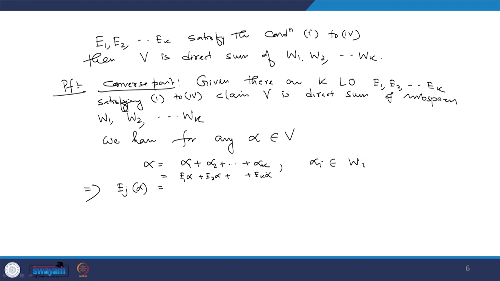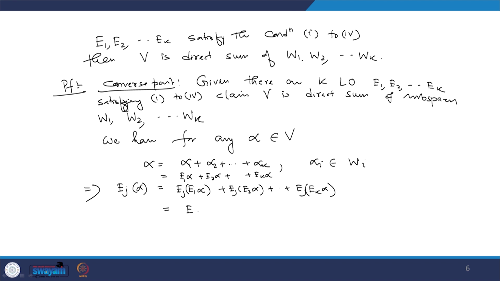Now, Ej alpha will be Ej E1 alpha plus Ej E2 alpha plus Ej Ek alpha. Ej Ei equal to 0 operator for i not equal to j, according to given condition 2.